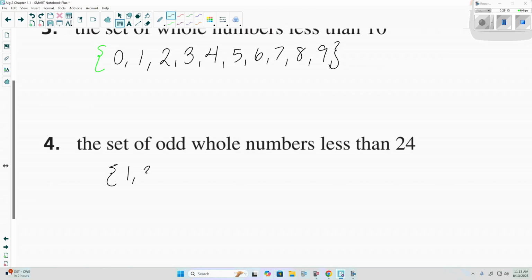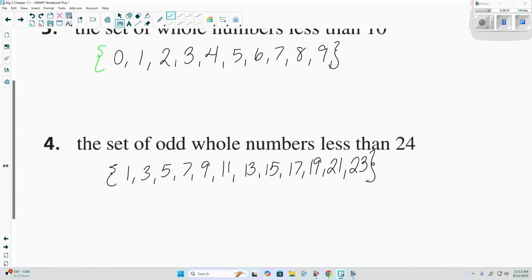Then 3, 5, 7, 9, 11, 13, 15, 17, 19, 21, 23. Listing those out is not bad. It's not hard. We just start with the first odd number and then work our way to the other end. And for this here, all the whole numbers less than 24. Nice and easy to write all those out, yes?